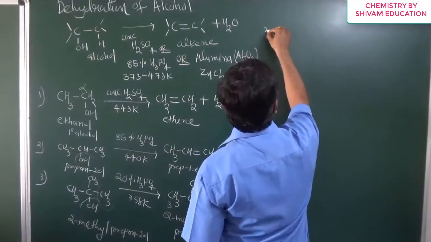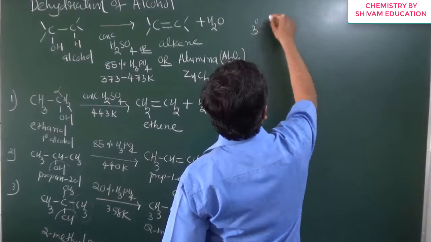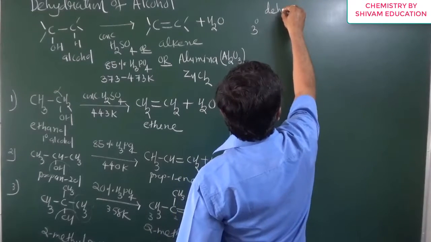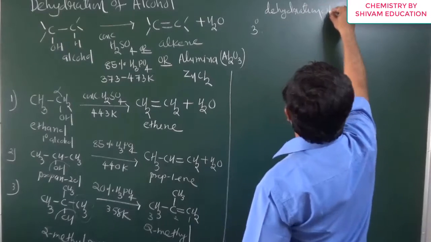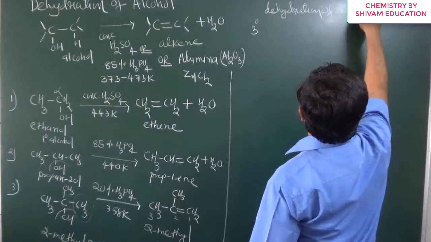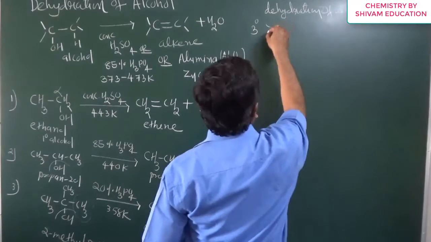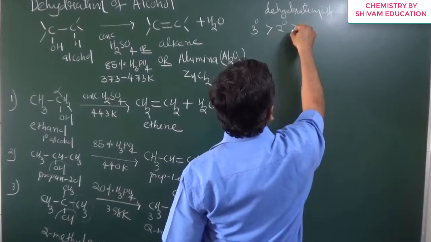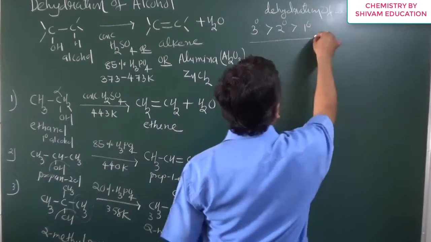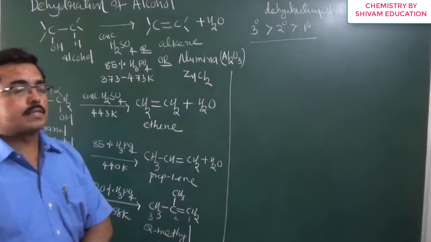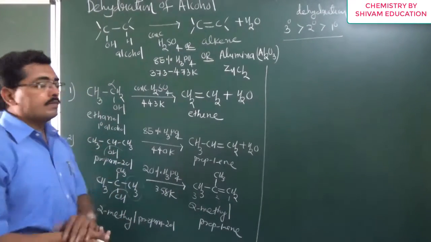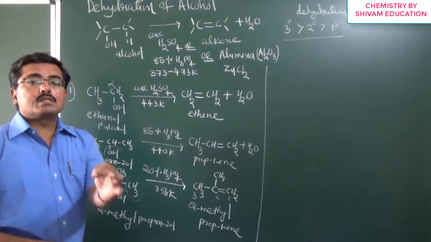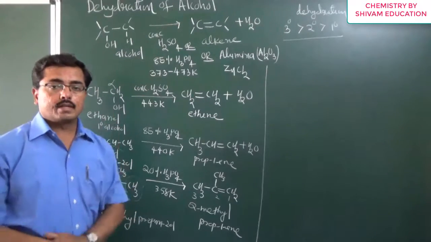So for dehydration of alcohol, tertiary alcohol can be easily dehydrated as compared to secondary, and secondary can be easily dehydrated as compared to primary alcohol. Now the question will arise, how does this dehydration take place?